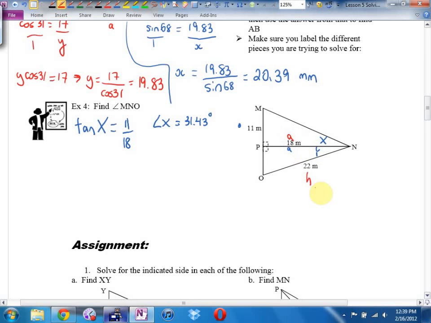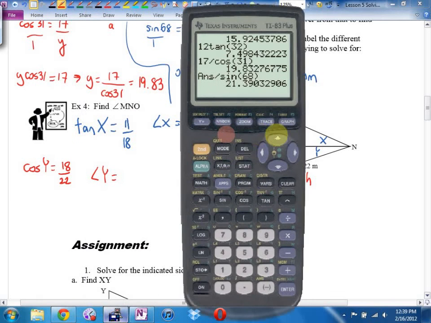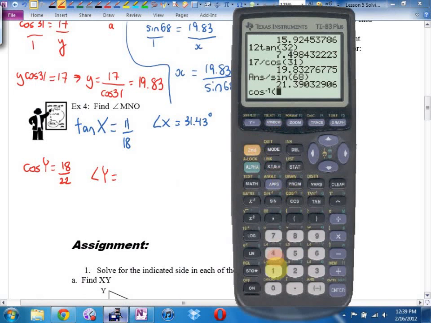Which trig function am I going to use to find Y? Cos. You get 35 point, I guess, 10.